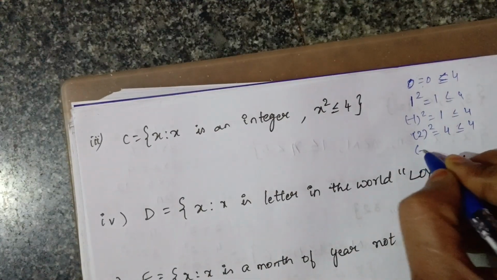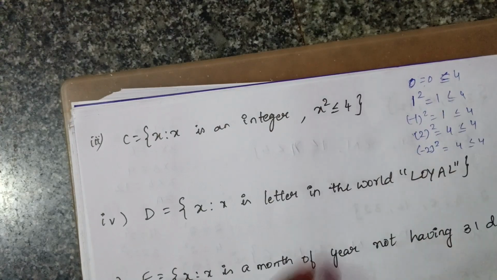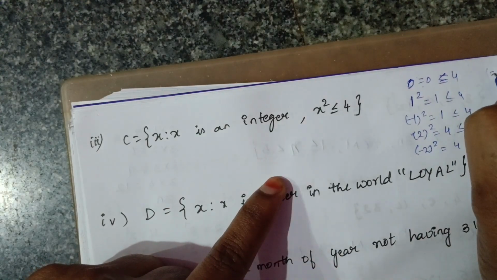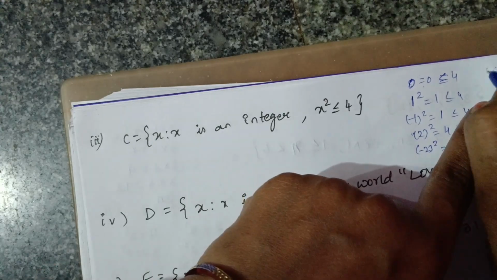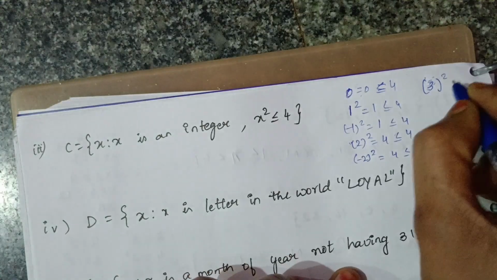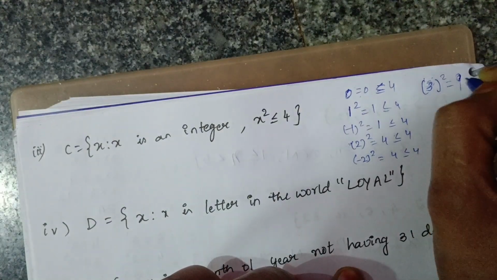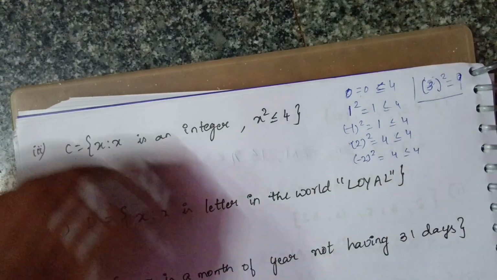Next, minus 2 whole square also gives 4. 4 is less than or equal to 4. Next, as it is an integer, 3 also we can take. 3 square means what will you get? You will get 9. 9 is greater than 4, so it does not belong to this set.